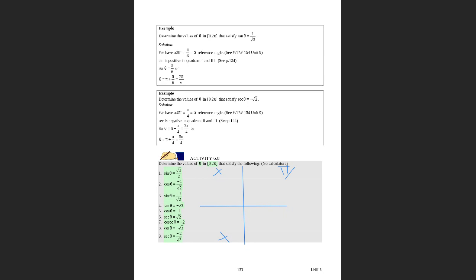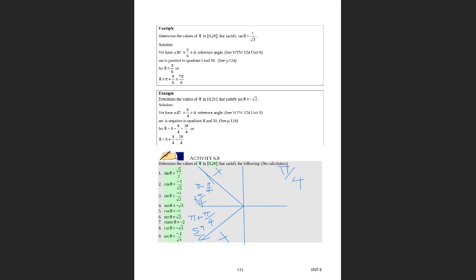So your answers will be pi minus pi over 4, which gives 3 pi over 4, and pi plus pi over 4, which gives 5 pi over 4. So it's the same procedure for all.